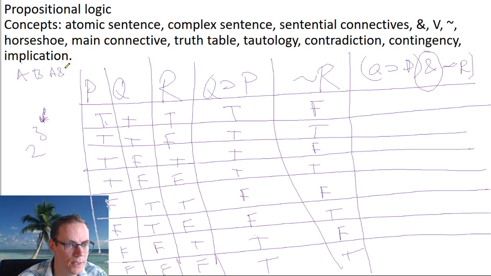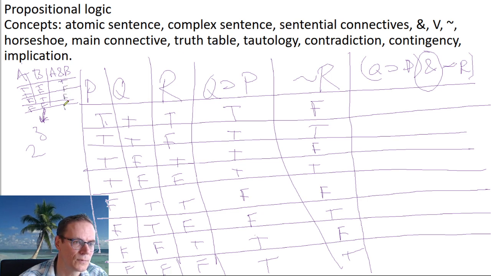A, B, A and B. The truth table for AND is true, false, false, false. It is true when both are true and false otherwise. So the truth table for AND gets a true only on line 1. It gets a false in line 2 and 3 and 4.